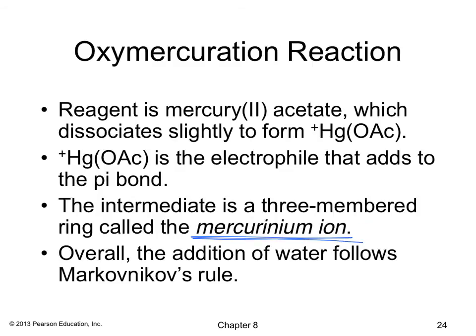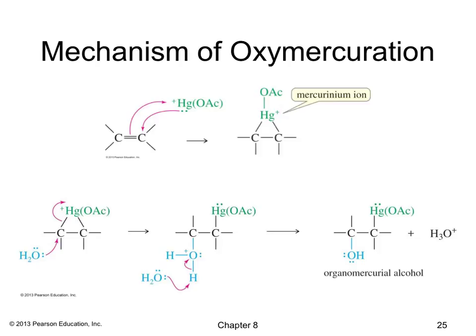And overall, the addition follows Markovnikov's rule. So in the mechanism of oxymercuration, again, your source of electrons is your double bond. It's your nucleophile, which attacks the HgOAc, but then you have electrons from that Hg come down to form this mercurinium ion shown here. It's important that you note this in your mechanisms.